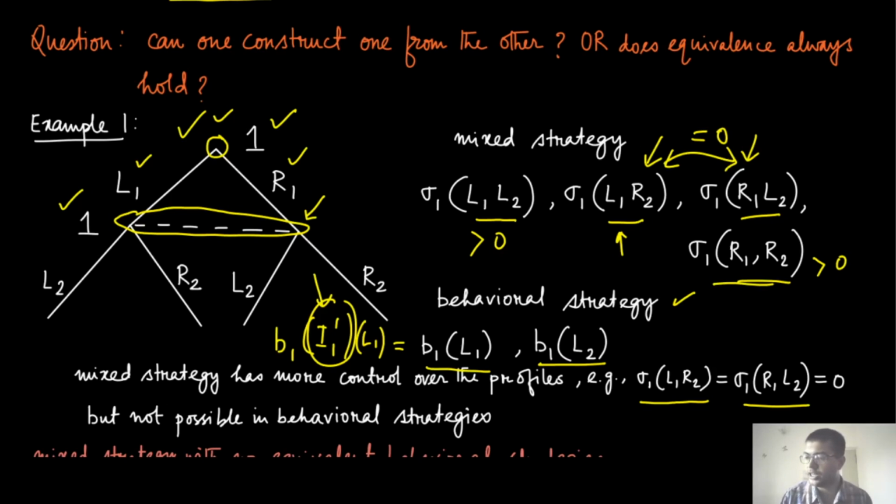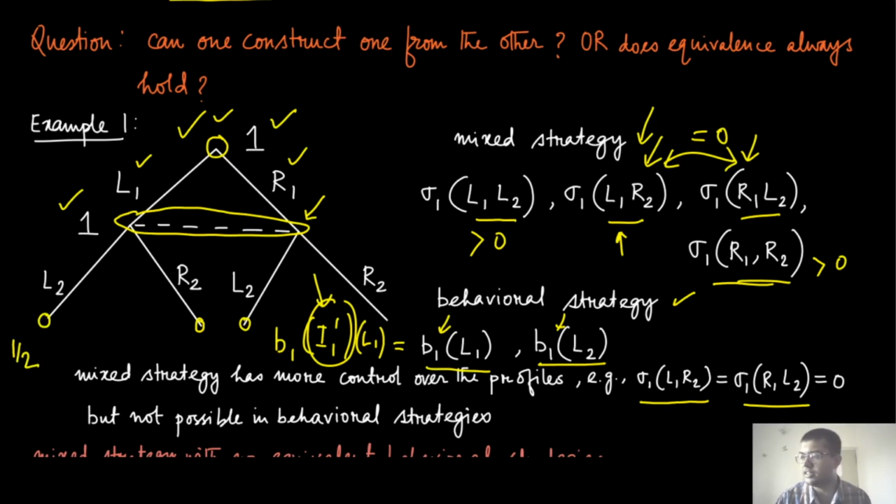You can reach this leaf node and this leaf node according to this mixed strategy with probability 0. But this probability 0 can never happen in a behavioral strategy. What you can do is put some mass here and some mass here.